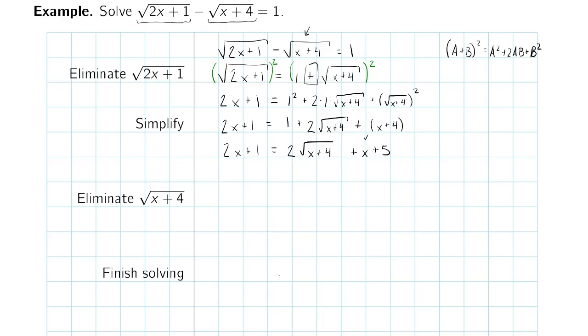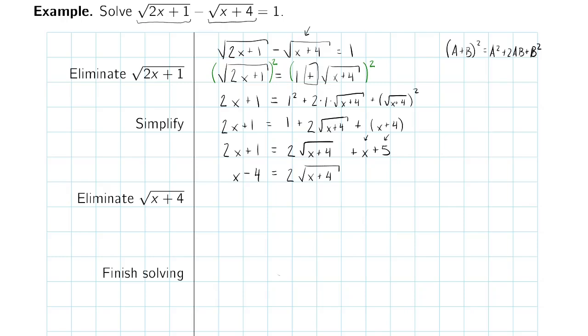So we'll subtract x on both sides. We'll subtract 5 on both sides. We've got x, right? 2x minus x is x. 1 minus 5 is negative 4. And then on the right, we'll have 2 times the square root x plus 4.